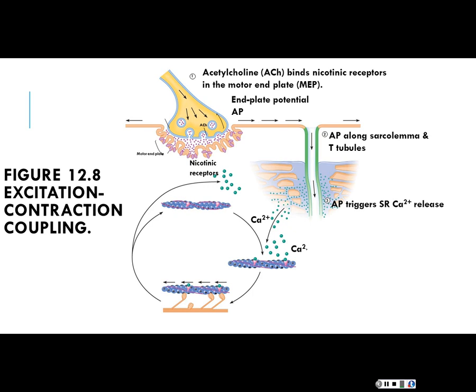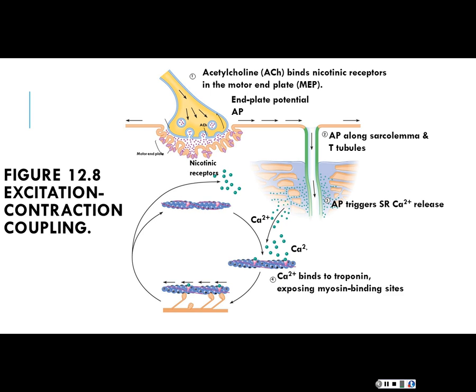And you know now what? It's available to bind to. Where's calcium bind? Troponin of our thin filament. So now that calcium's leaked from the SR, it's in the muscle cell cytosol, and it binds to troponin.